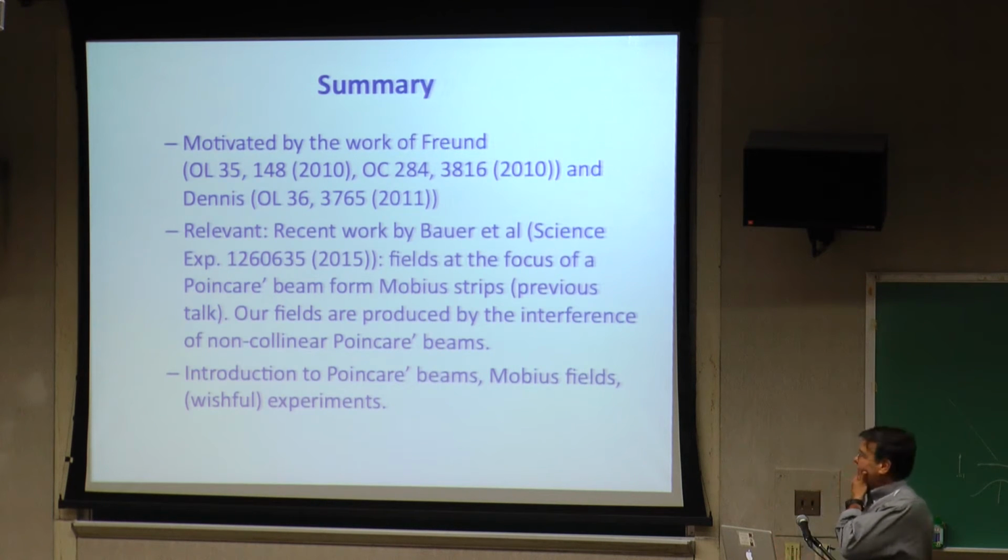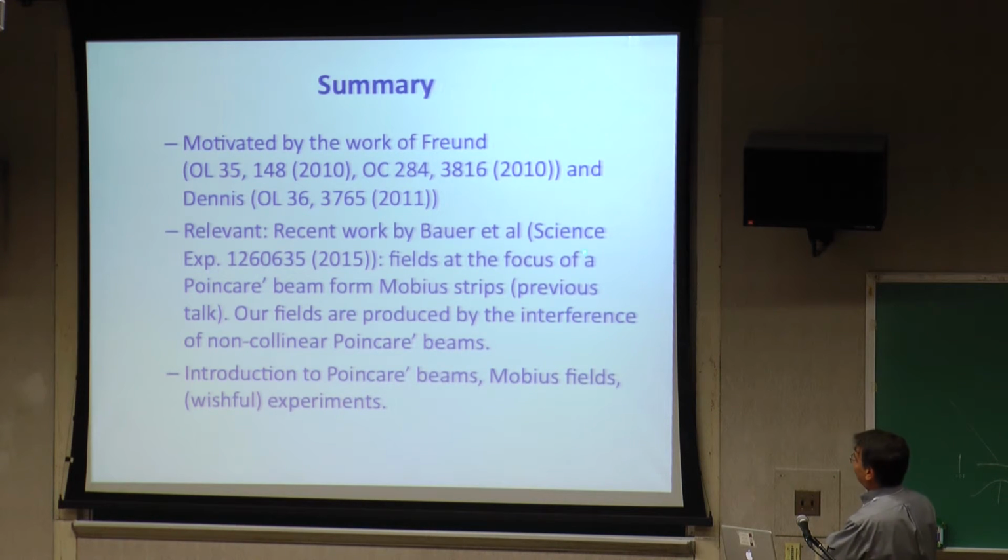This work was motivated by the work of Freund that Bob mentioned, and also Mark Dennis published on that recently. It's just a very intriguing effect, how in 3 dimensions the polarization of light can have such a rich structure. That was my motivation, and just curiosity.